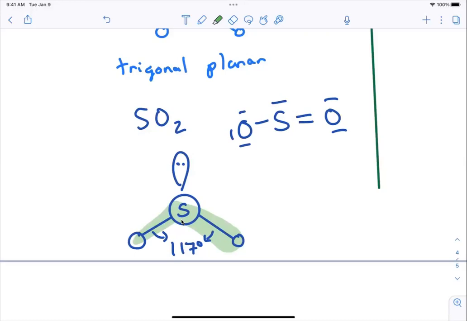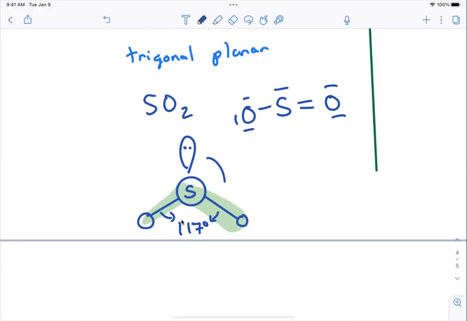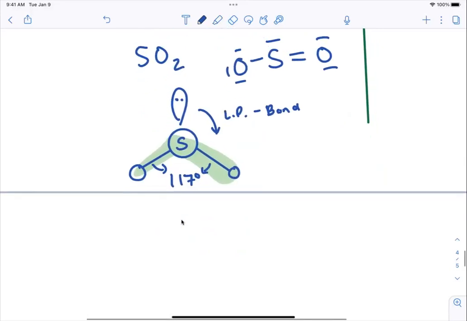Let me label that here just to clarify. This repulsion here is lone pair bonding. This repulsion here is bond to bond. And so it supersedes it. Yes, it's always the angle between the two bonding pairs. So when we deal with angles here, it's always between the bonding pairs.